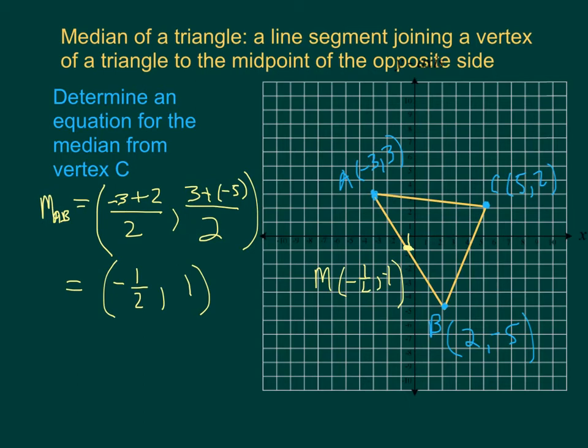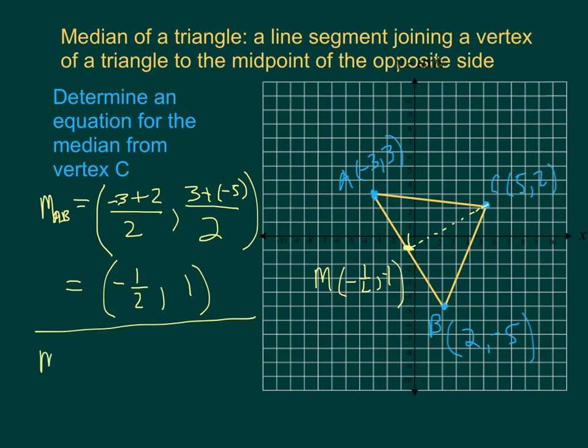So in order for us now to figure out the equation of the median from this vertex, I am now looking for this line that can show up right there. Now how do I do that? Well, I first have to find the slope of that line, and the good thing is I have 2 points, so I'm going to find out the slope.